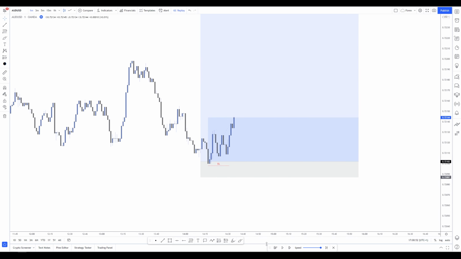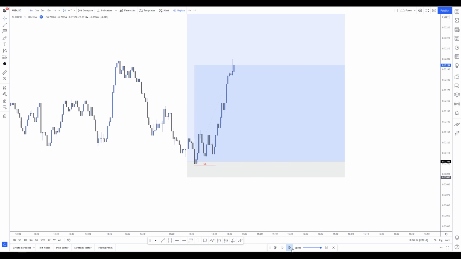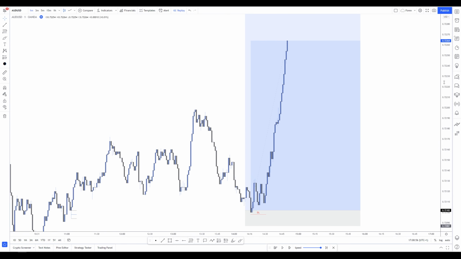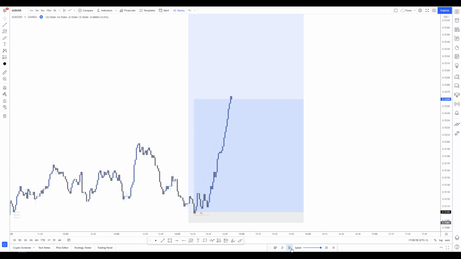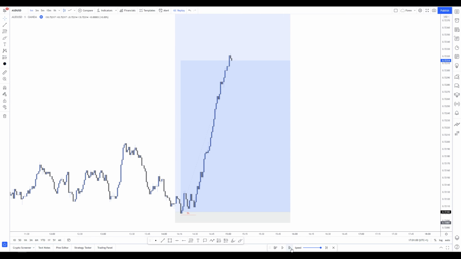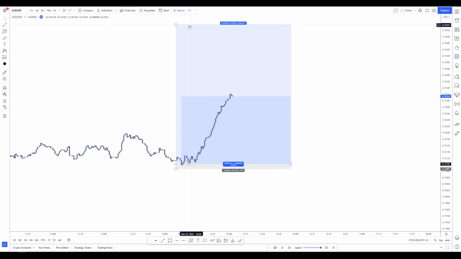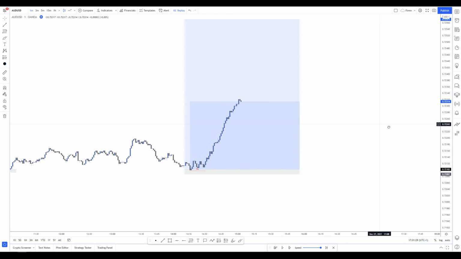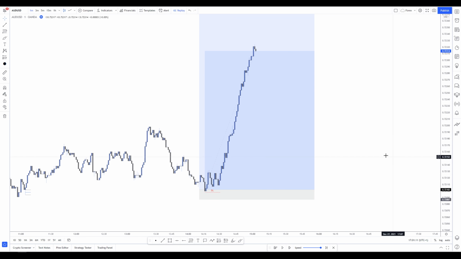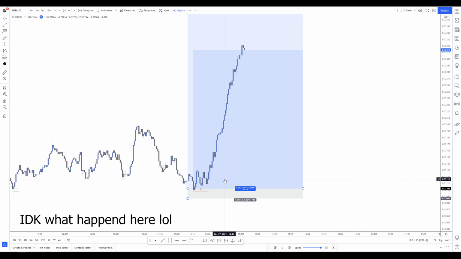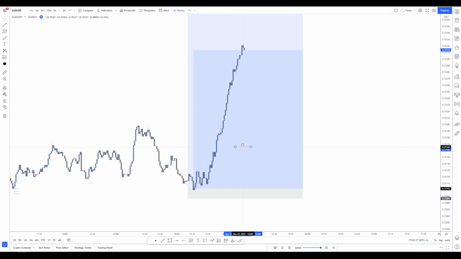Then after that, price just flew off. When price was above here, we were at like 14R already, and I really didn't want to give back all the money, so I moved my stop loss to this point.